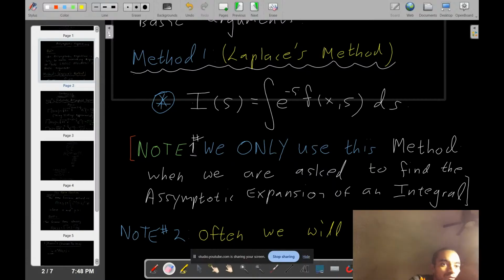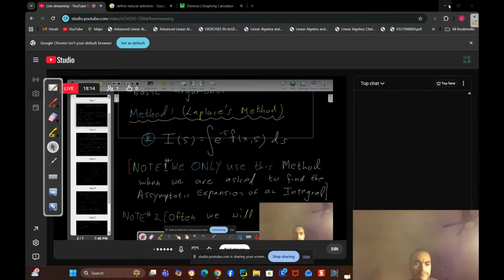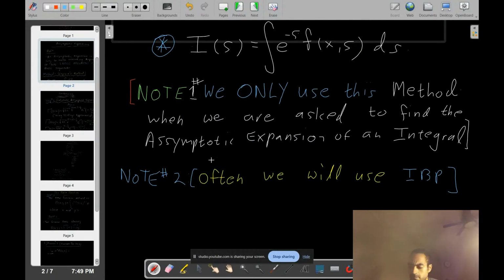IBP is integration by parts, in order to simplify. Why am I saying IBP? Quite often if you have a product, you have to use a chain method of some sort. So quite often IBP comes up, but it's not always the case. You can still evaluate the integral without using IBP. Okay, all right. So that's method 1.